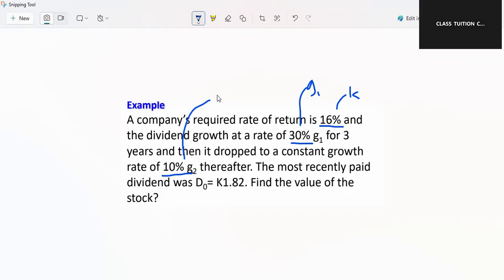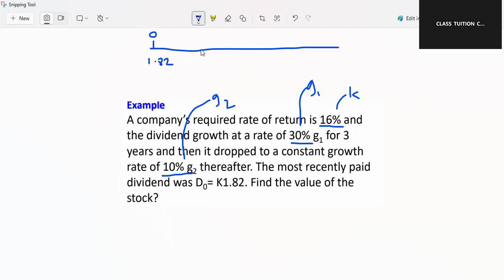So our growth in the second phase is 10%, G2. And the most recently paid dividend, D0, is 1.82. Find the value of common stock. So these are multiple phases. So here, what is our D0? 1.82.